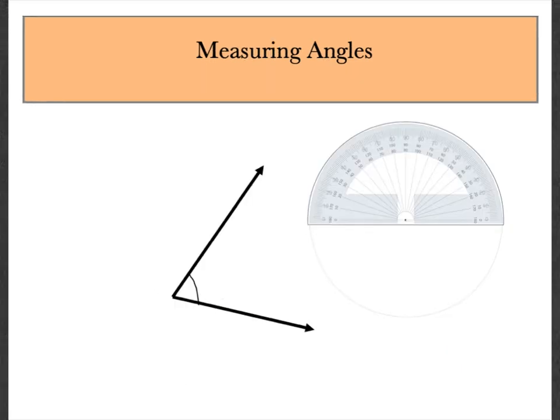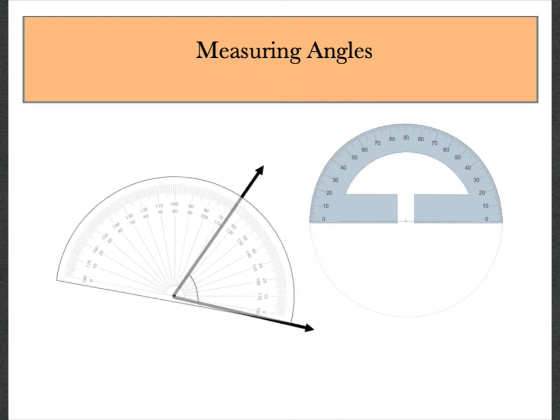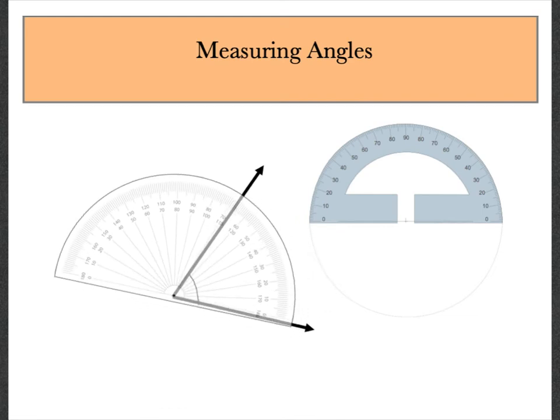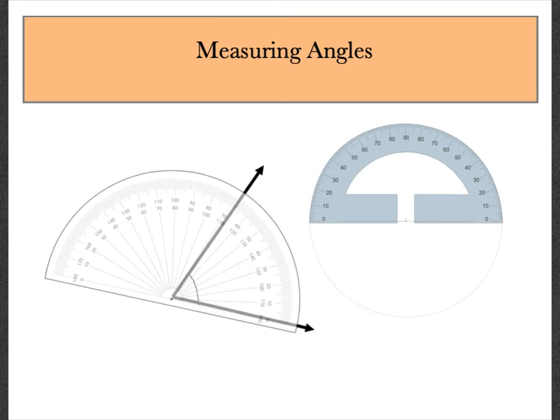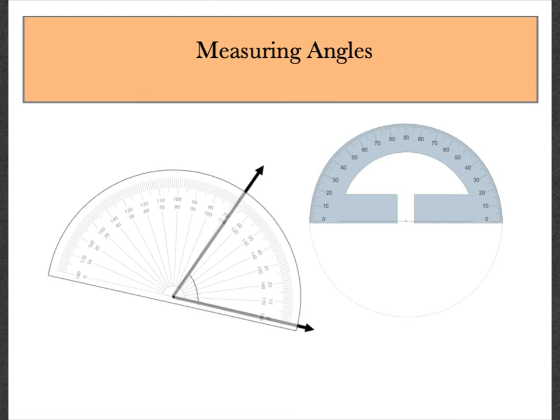Let's try another one. Let's bring our protractor over. So let's see, I've lined it up with the vertex. Now I have to make sure I get this lined up with the arm. It's really tricky to do on an iPad. Okay, so now we have 0, 10, 20, 30, 40. So we're going to use these top numbers this time. So now this is almost 70, but not quite.